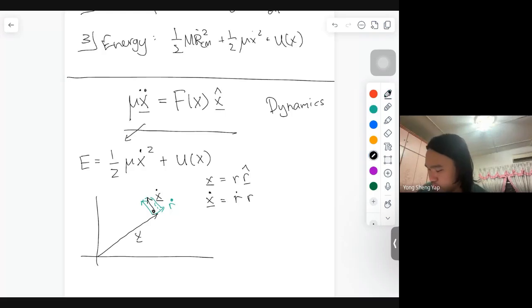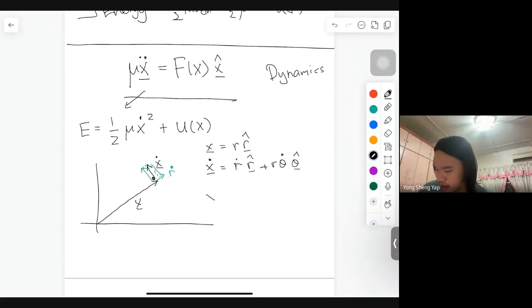So there are two components, and so x dot squared equals r dot squared plus r squared theta dot squared. Okay, this is x dot dot x dot.